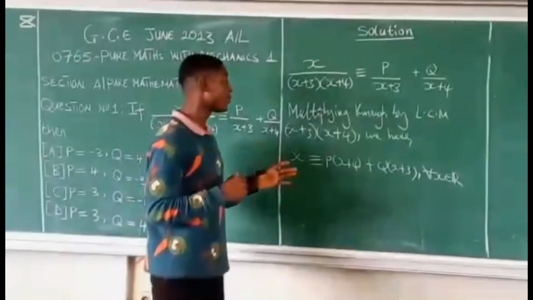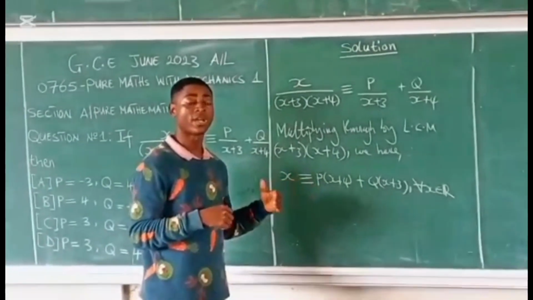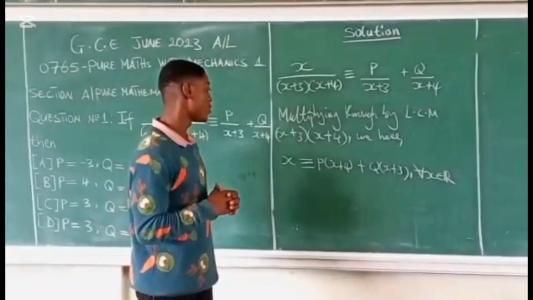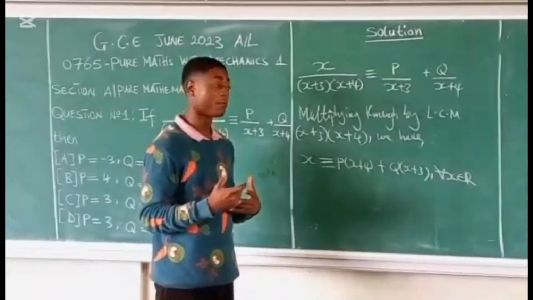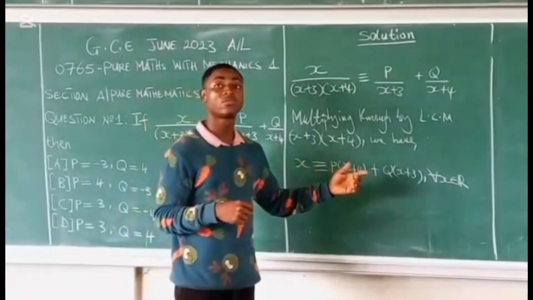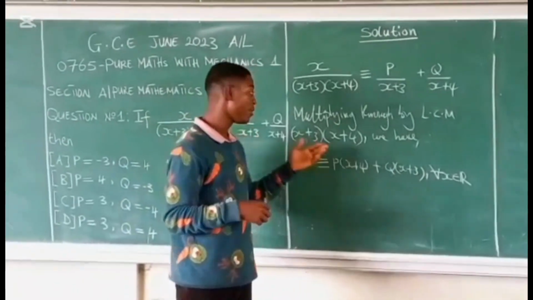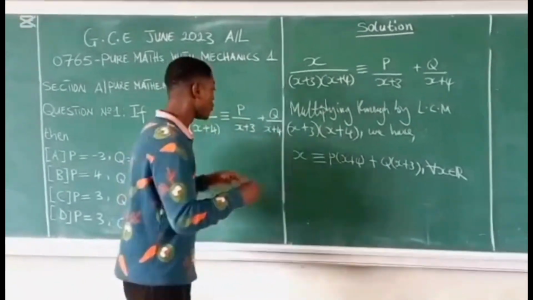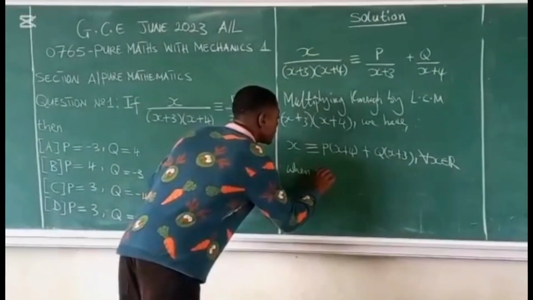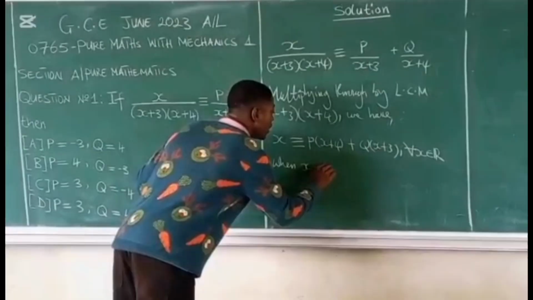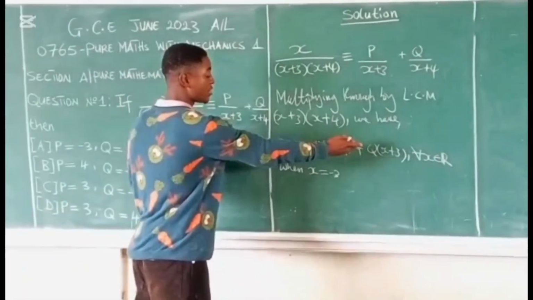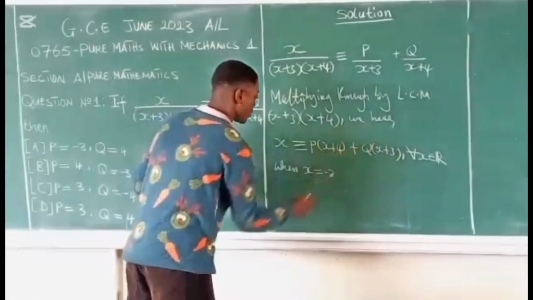Now, we are going to solve for each variable one at a time by the cover-up method, where we are going to make an intelligent guess of a number which we are going to put in place of x to cancel out one variable to solve for the other. So when x equals negative 3, we see that q turns to 0.